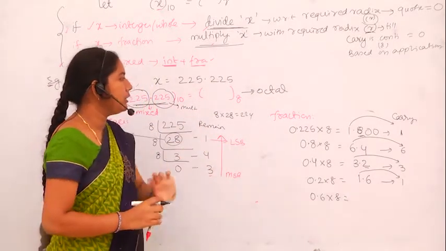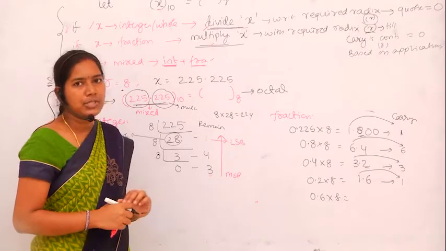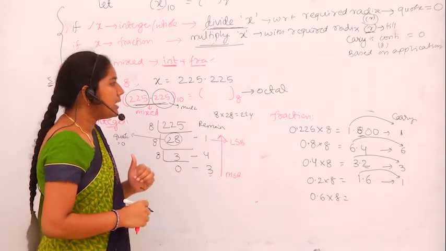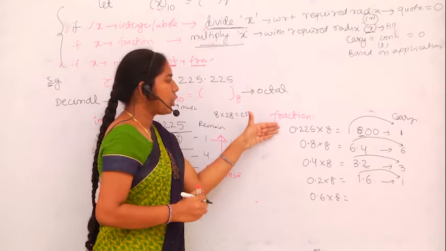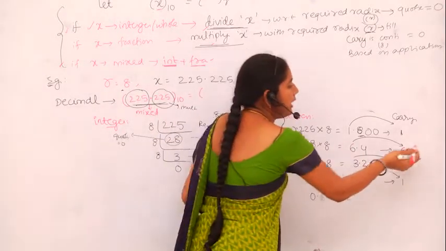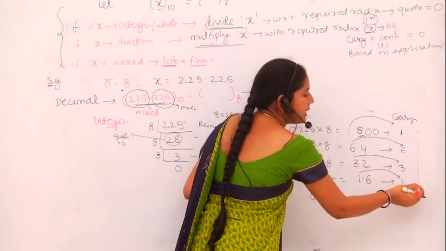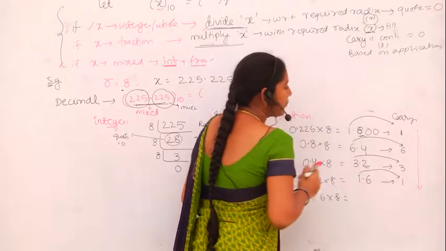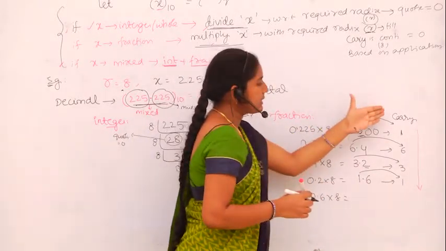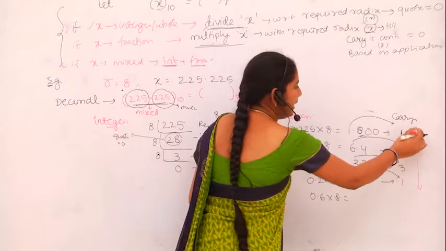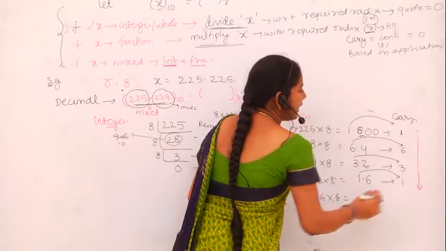As I already told you, while doing the multiplication getting 0 is difficult, so instead of that we can stop this procedure at 4 or 5 digits. So I am stopping here itself and considering these carry values in the downward direction.